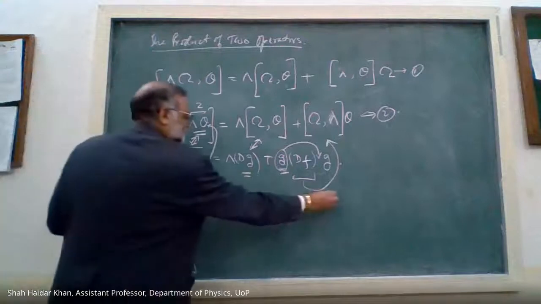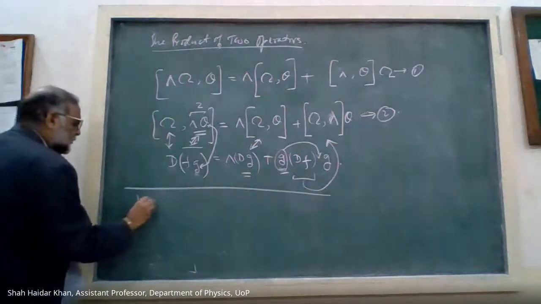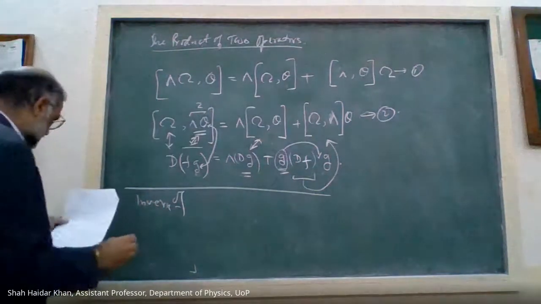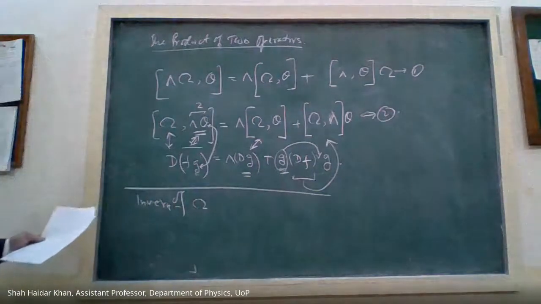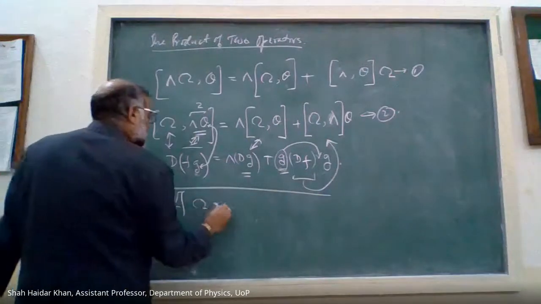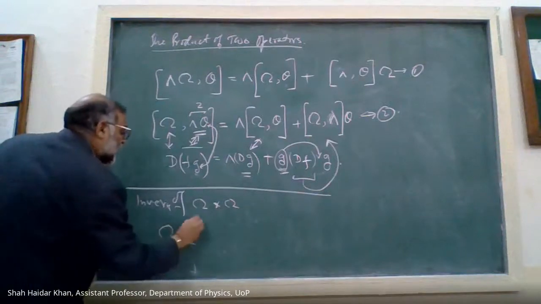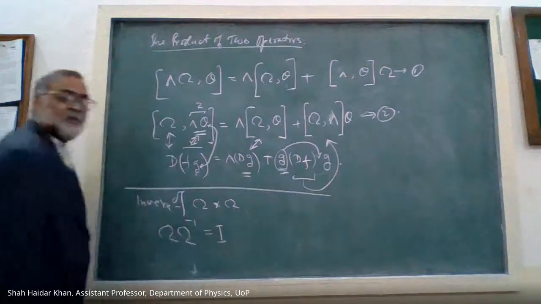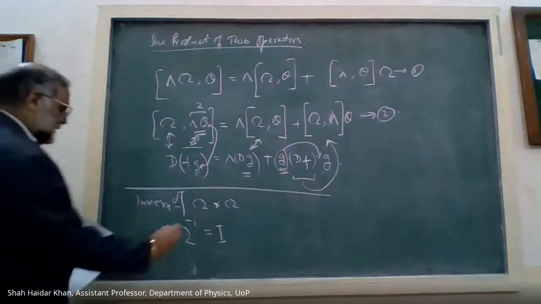Okay, inverse. Inverse of omega, right? The product of the inverse of omega and omega, so omega and omega inverse, will give you the identity operator I, which we have already done.